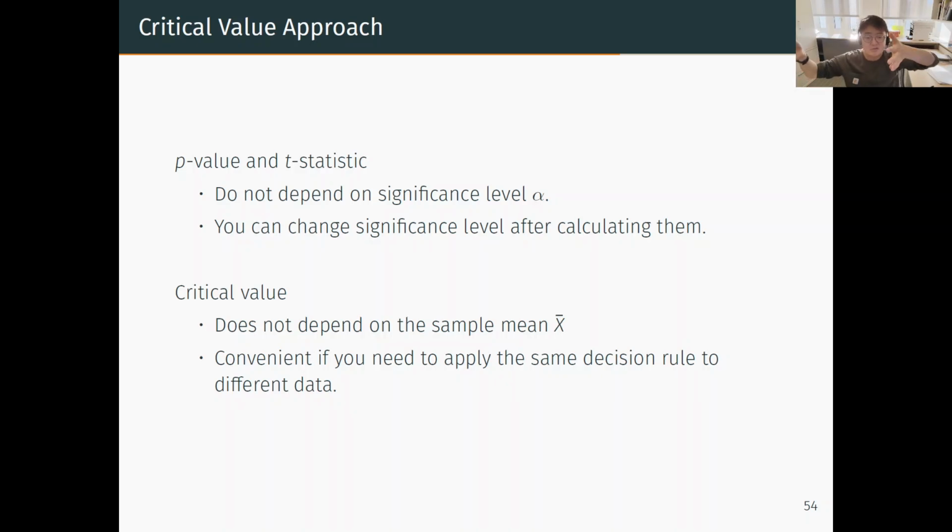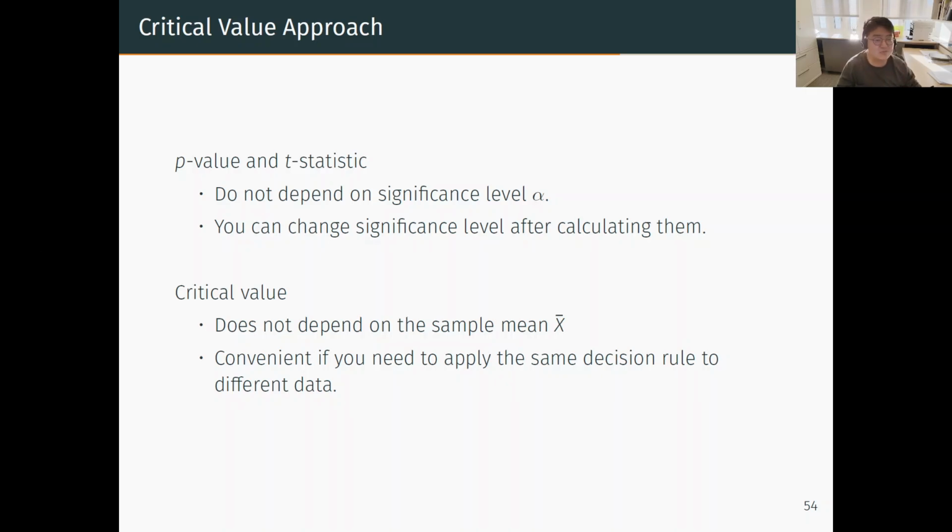Because the same decision rule can be applied to different data, and calculating the sample average is pretty simple. But if you apply the same decision rule to multiple data using the p-value approach, that means you have to recalculate the 3-step calculation for each data repeatedly, which is not that difficult, but less convenient.